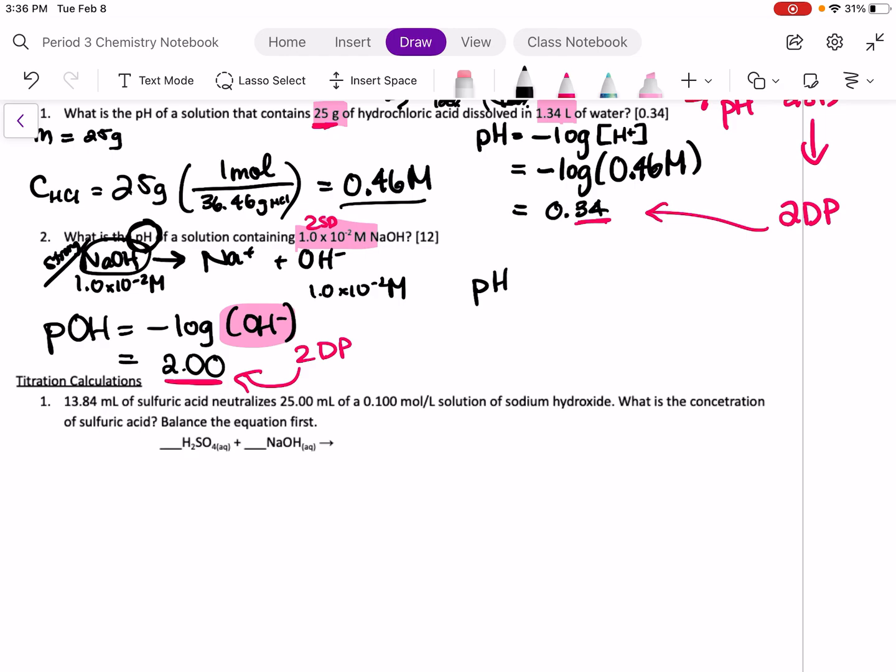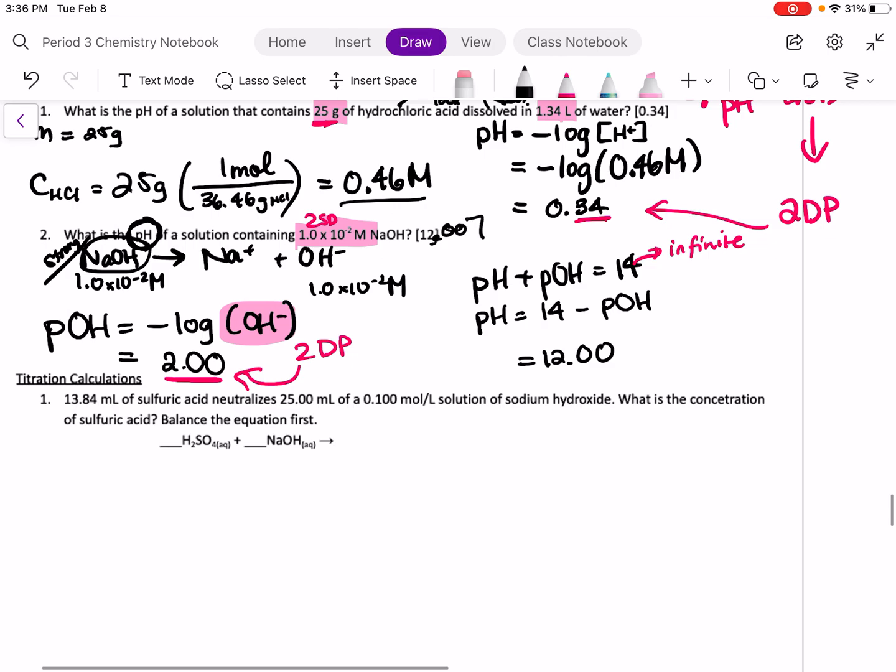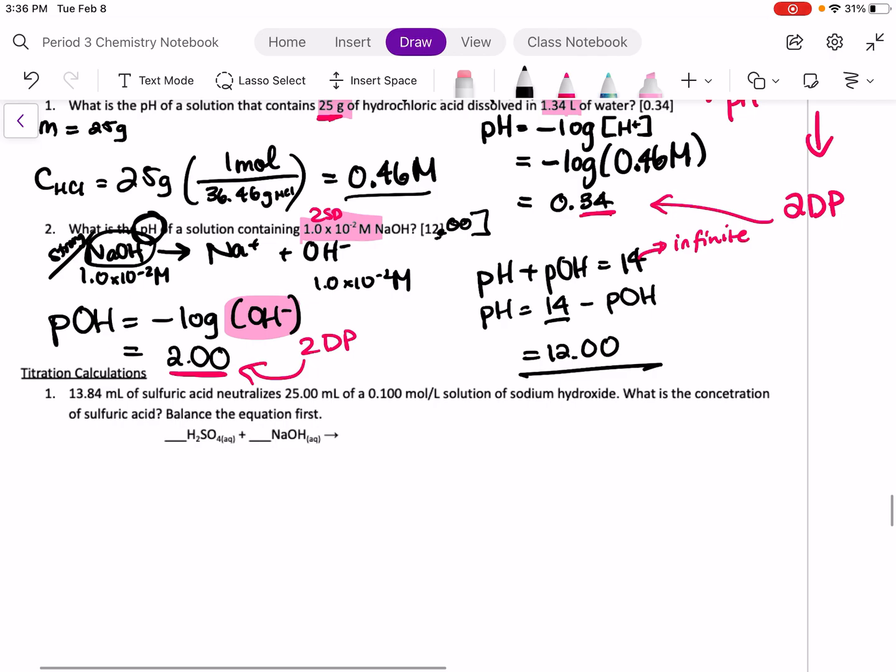I know that pH plus pOH is equal to 14 based on our equations from last year. So I need to find pH. I'm going to say pH is equal to 14 minus pOH. 14 is an infinite number, so the 14 does not affect the fact that my precision is 2 decimal places. So my final answer will be 12.00.